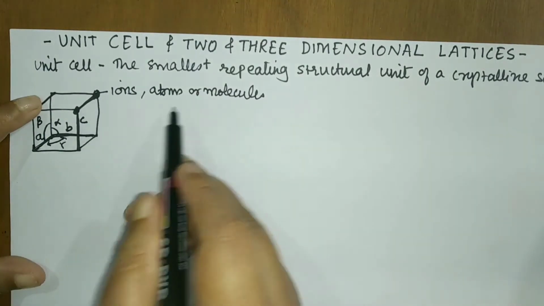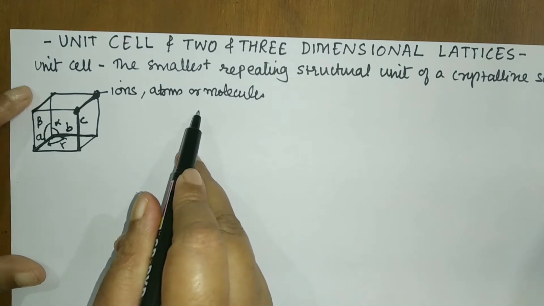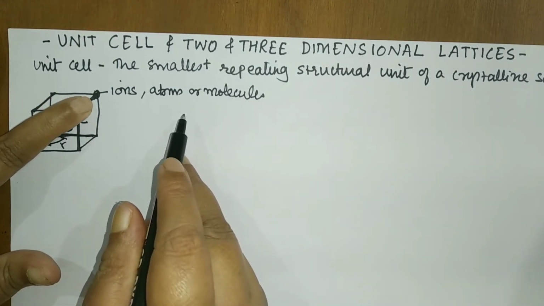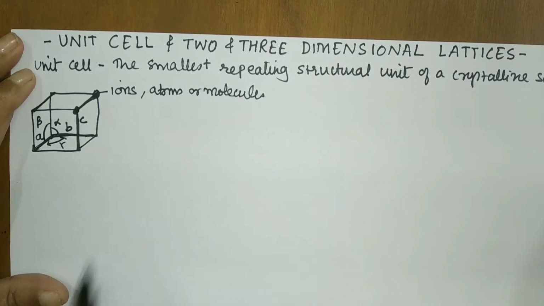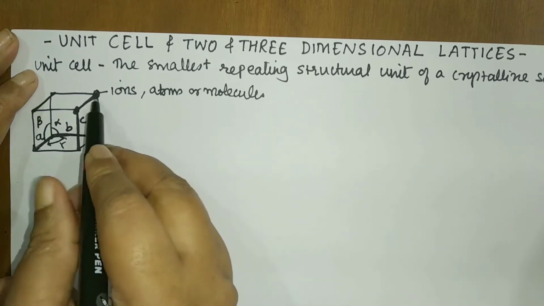So depending upon what type of constituent particle is present at this point, you have the different types of crystalline solids. Now the points of the intersection of the lines which represent the constituent particles are called the lattice points. So I am talking about this.